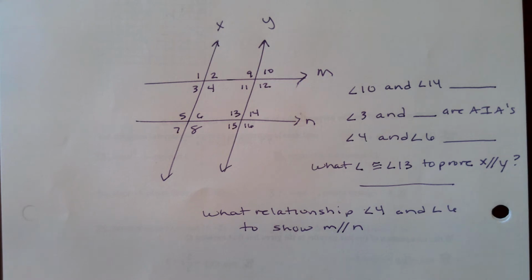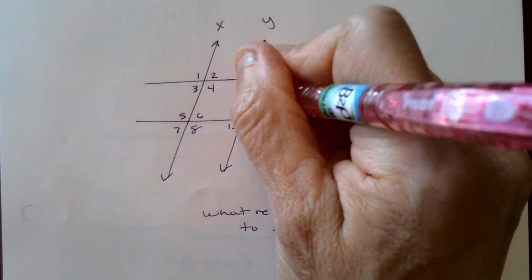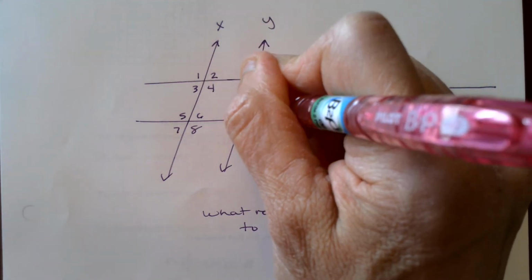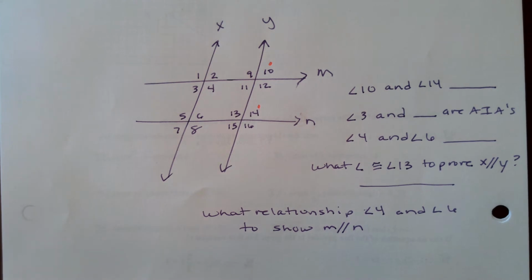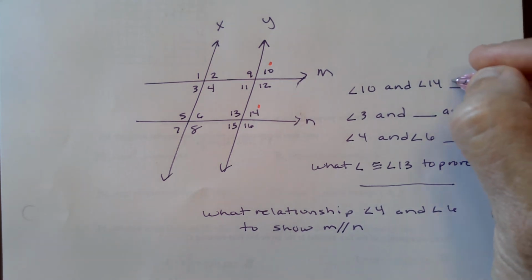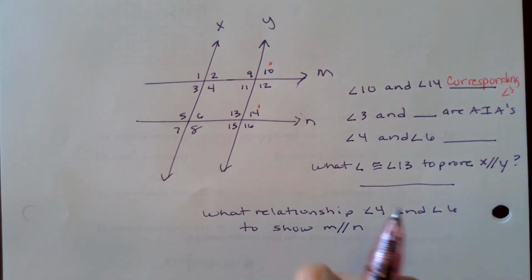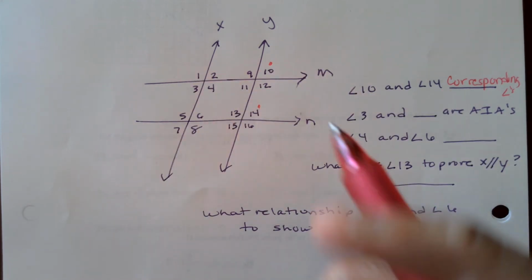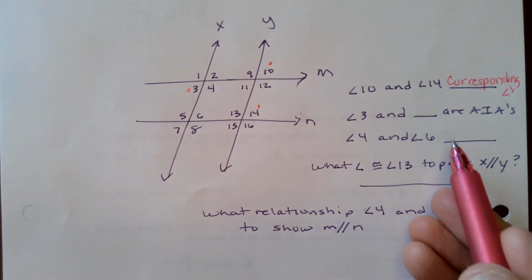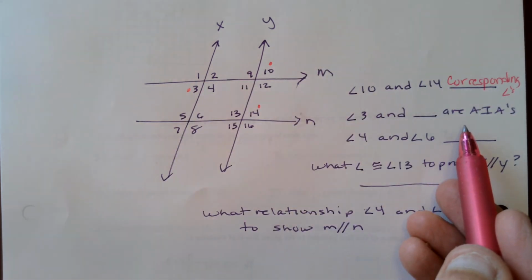All right, you should be back, and let's look at the answers here. 10 and 14. What kind of angles are those? Good, corresponding angles. Okay, angle 3 and what are alternate interior?